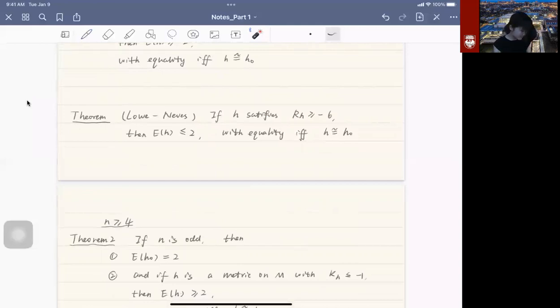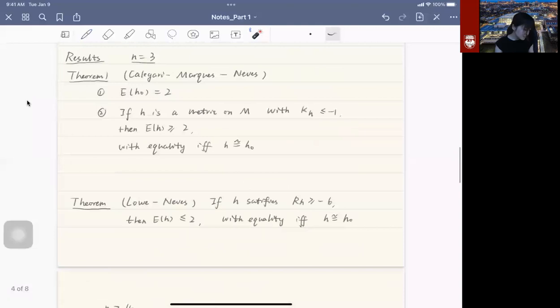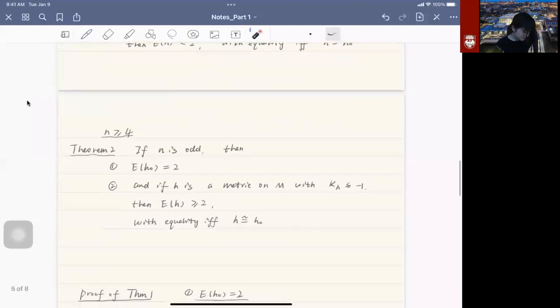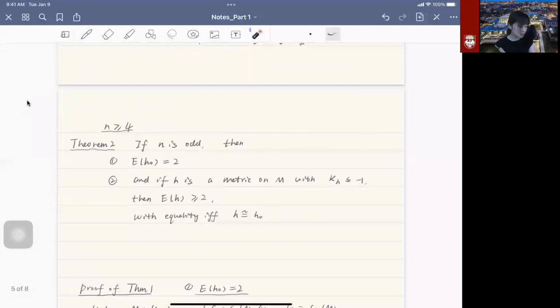But in this talk, we only focus on the case where the sectional curvature is less than or equal to -1. Okay, now, inspired by Theorem 1, I was able to show that in the higher dimensional cases, when n is an odd number, the minimal surface entropy of the hyperbolic metric is also equal to 2.